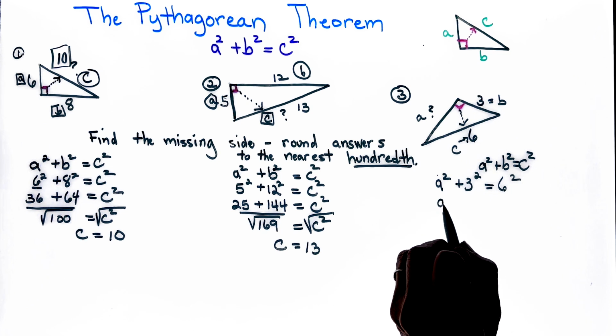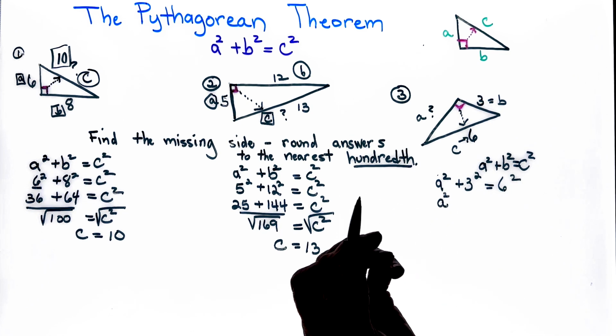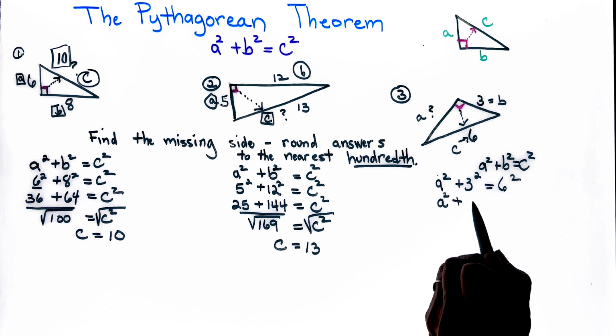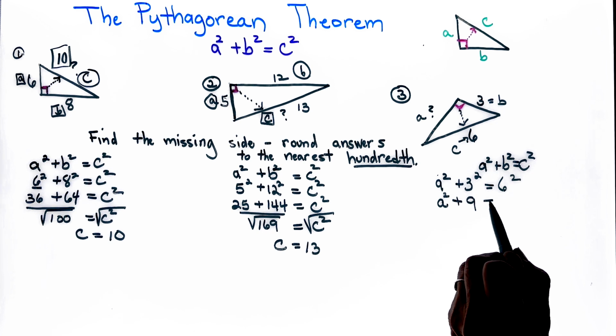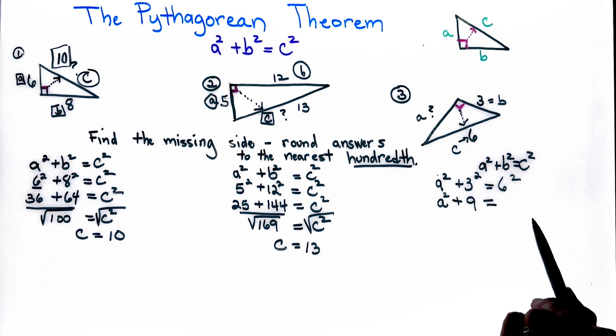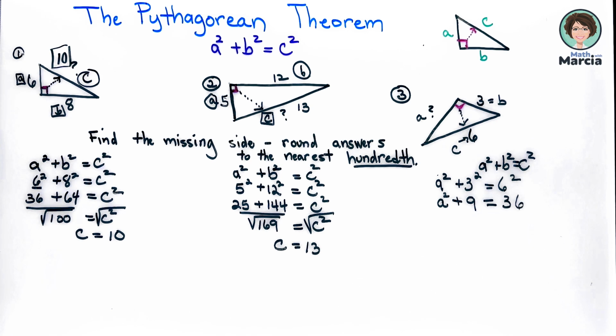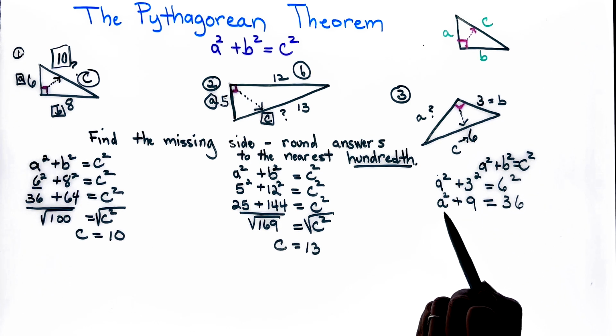Now I will bring down my A squared, because I can't do anything yet. I have plus 3 squared, which is 3 times 3, 9, is equal to 6 squared, which is 6 times 6, 36. In order to do this last step where you're taking the square root, the A squared must be alone.